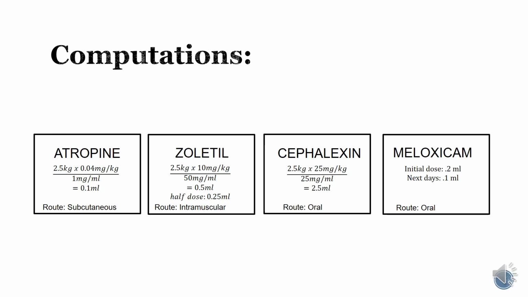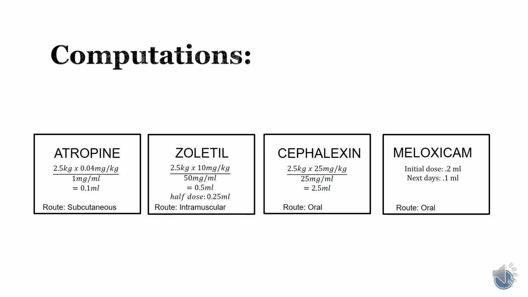Computations for the atropine administered before the surgery, we have 0.01 ml administered subcutaneously. For Zoletil or general anesthetic, we have 0.5 as its full dose and 0.25 as its half dose given intramuscularly.